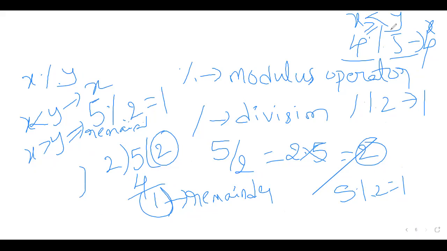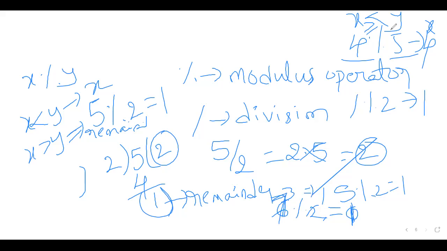Okay. So when I say 6 modulus 2, I will get 0. Why? Because 2 threes are 6, remainder is 0. If I take 7 modulus 2, result is 1. 2 threes are 6, remainder is 1. Like that, we'll get it.